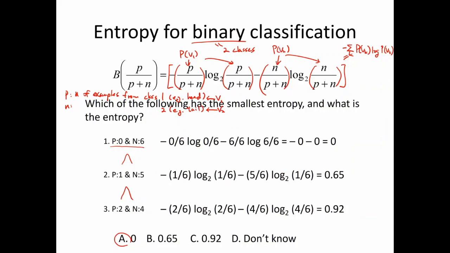So in the first case, you have 0 chance of getting the first value, which is head. And you have 100% chance of getting the second value, which is tail. And it's just 0 minus 0, so it's 0. And then as you can see, the entropy for the second case is bigger, and then even bigger for the third case, as we expected.